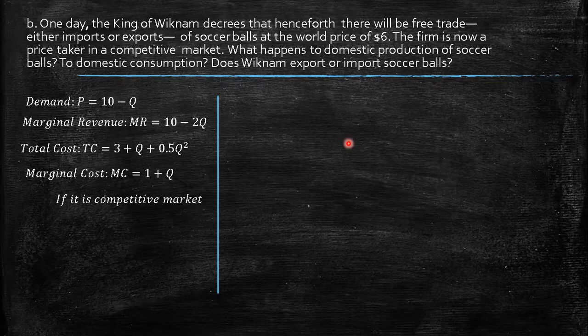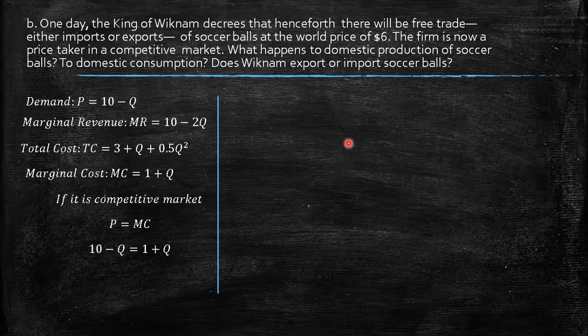So here first we need to start with a competitive market. Remember, the condition of a competitive market mainly is that they are price takers, so they cannot fix any price. So basically the price should be set by the world price at this time, 6. So if they are competitive, the condition is that price is equal to marginal cost.